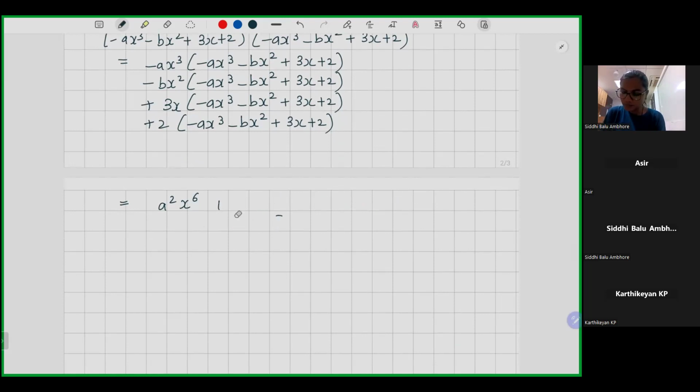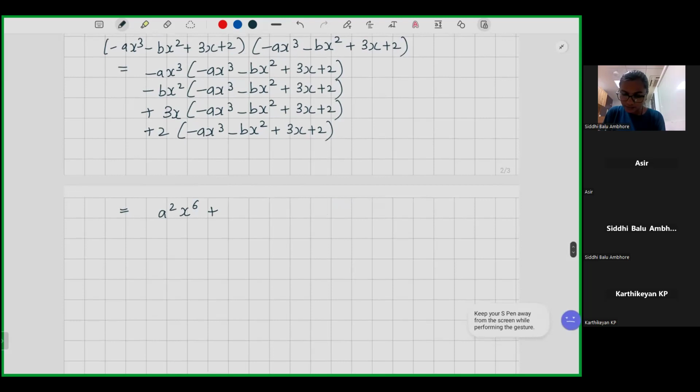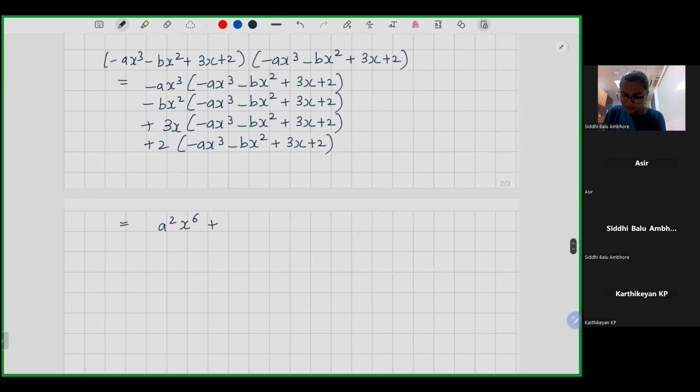Or if you know, just its square plus second term square, that is b square x power 4 plus 9x square plus 4, plus all the possible multiples of these two terms.